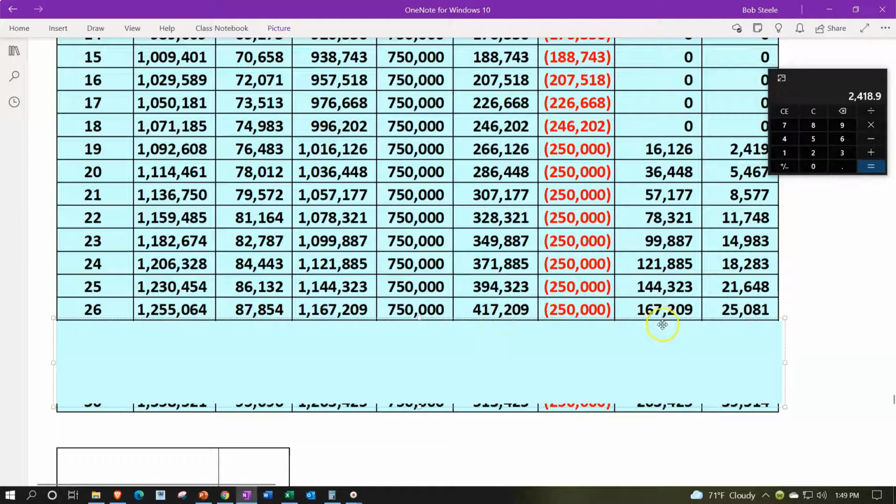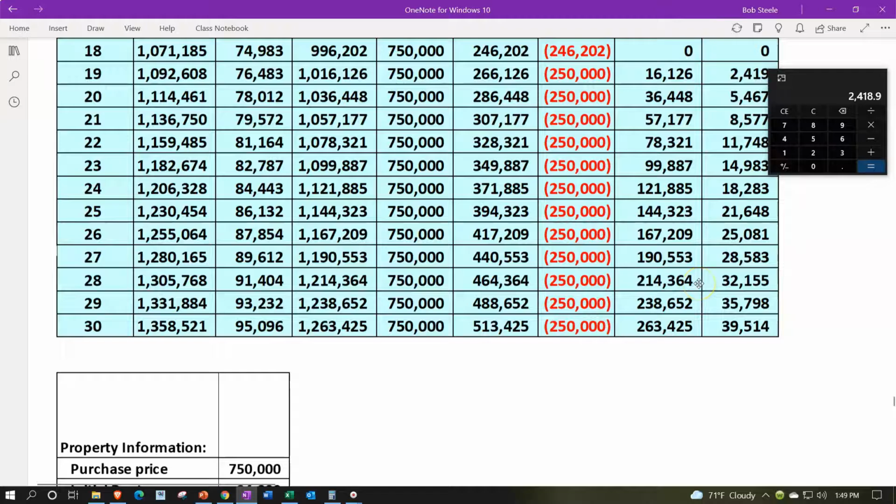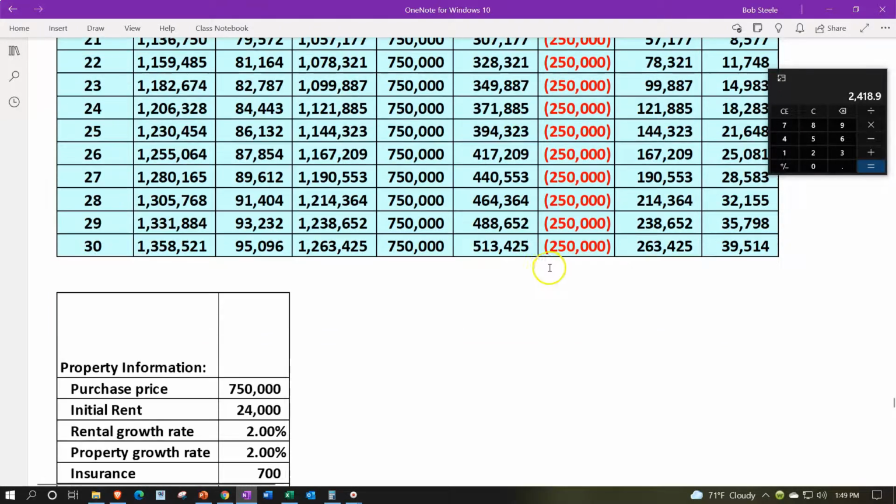That means we have the gain after the exemption, 167,209 times 15%. Now we're getting more significant balances down here for taxes. But if you were married, you can always, before you sell it, it would be 500,000. You have to make sure you're in compliance with the rules of married 500, which again is a huge exemption.